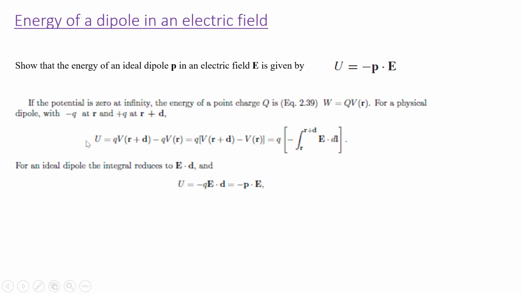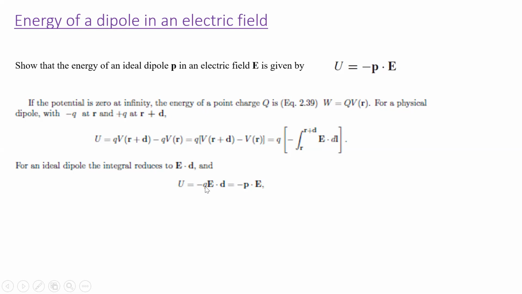Okay, so for an ideal dipole, with this integral, the electric field will be constant between the two, and the line integral becomes E dot d, and the whole term becomes minus Q E dot d.